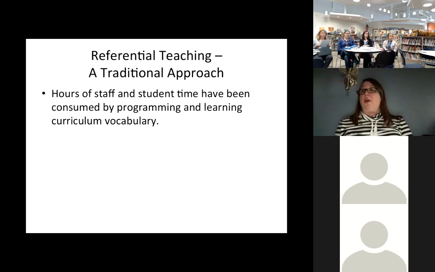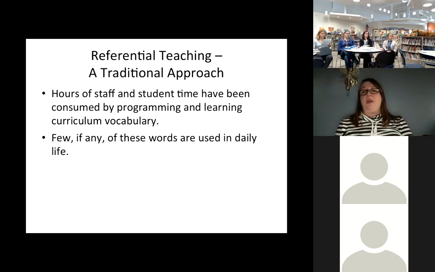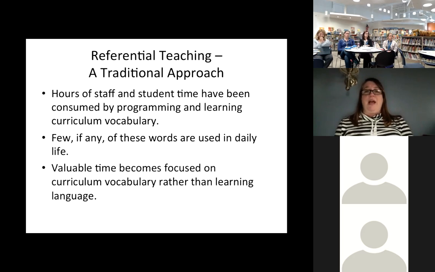So you have taken a lot of time to program vocabulary that might be used for, let's say, a week or two. But those same words, teepee, Native American, we don't use those words every day. So the time that we could be focusing on teaching the concepts and teaching language, we get focused on the curriculum vocabulary.